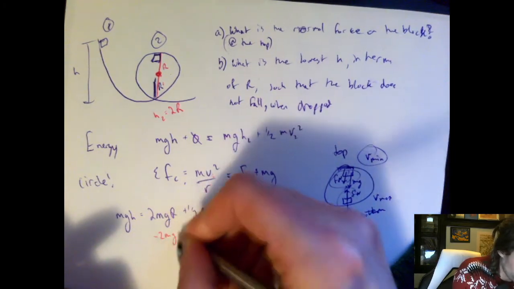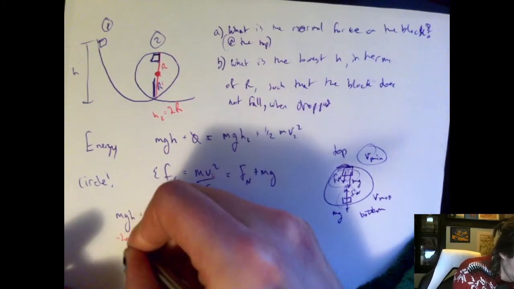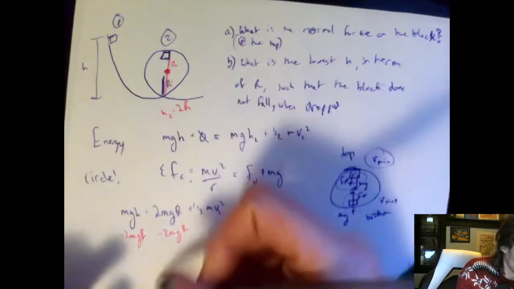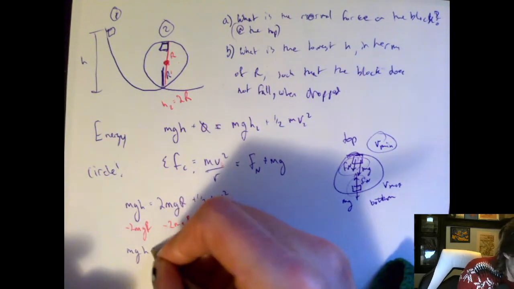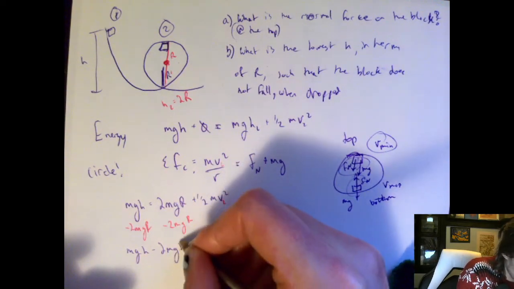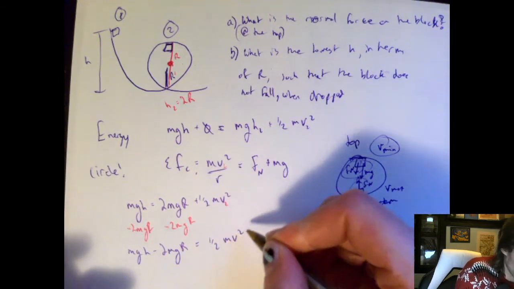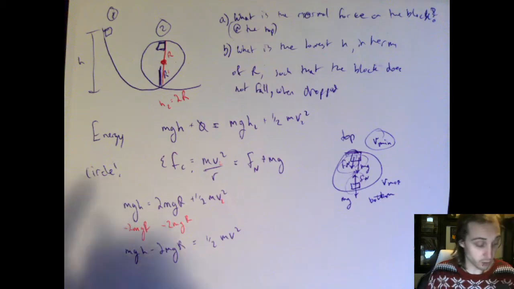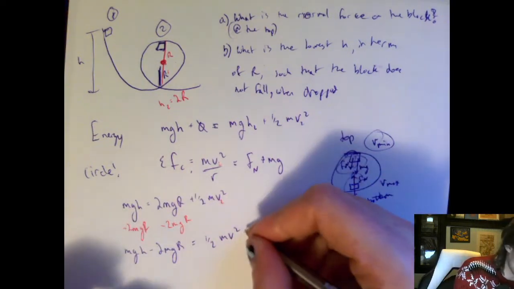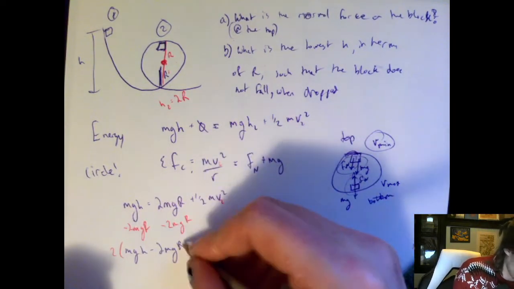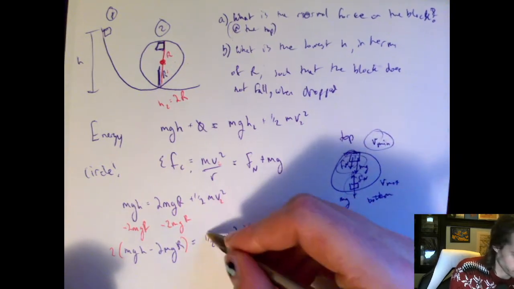If I subtract 2mgr from both sides, that'll give me that mgh minus 2mgr equals 1/2 mv squared. And I could cancel out the mass here, but I'm actually going to hold off on that for reasons that'll hopefully become clear in a sec.